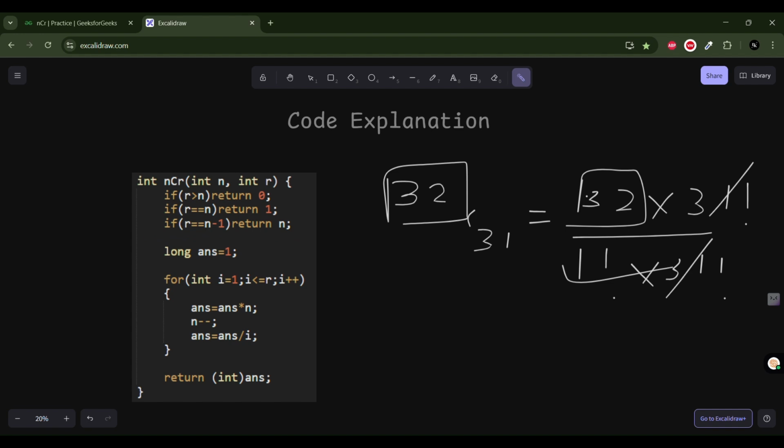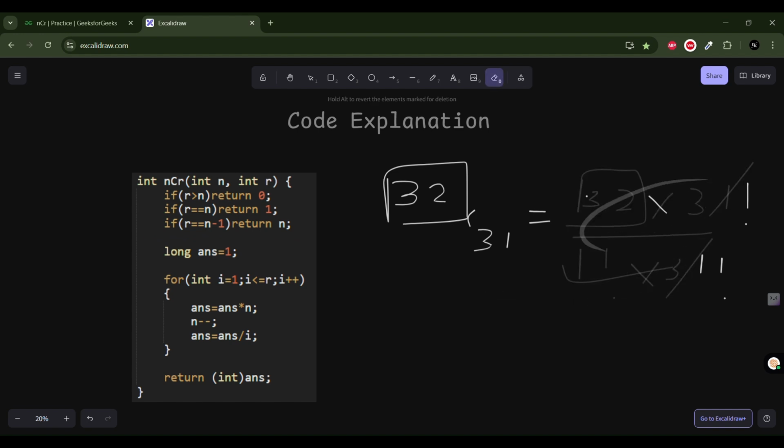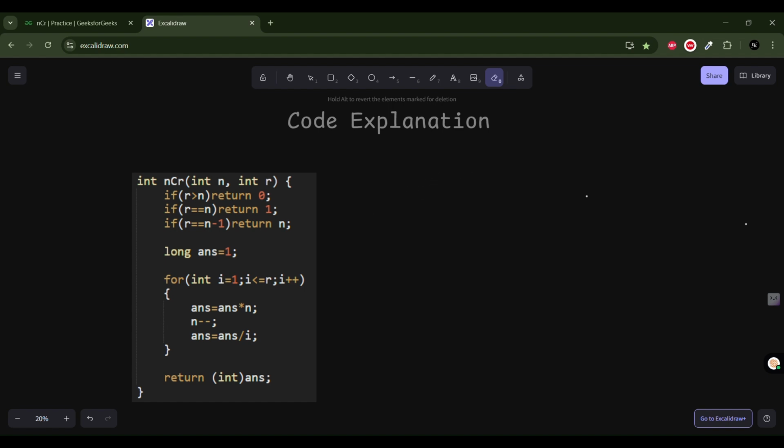Now we have taken one answer variable here to store the answer and return it after performing the action. This is the loop. We are going to run only r times, because we expand n only r times to reach n minus r plus 1 and cancel it out. So we are running the loop from 1 to less than or equal to r.